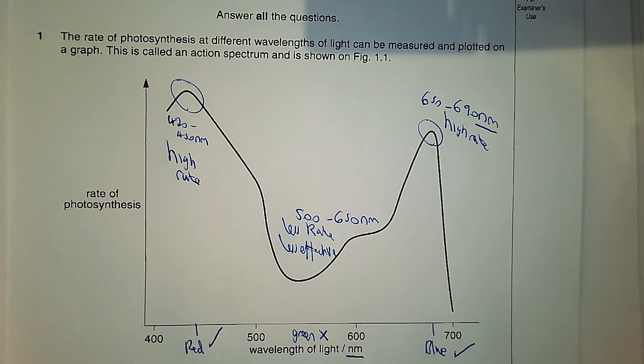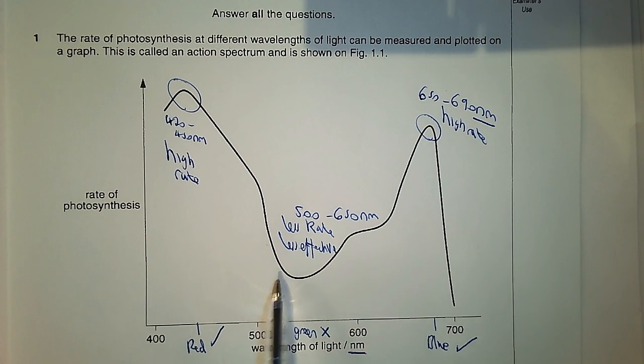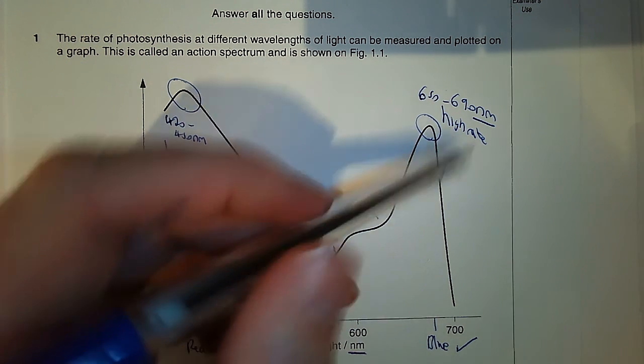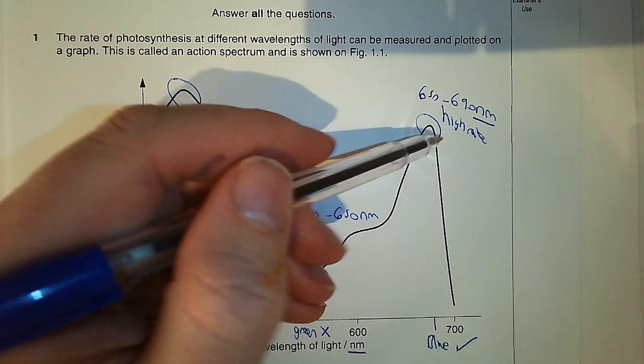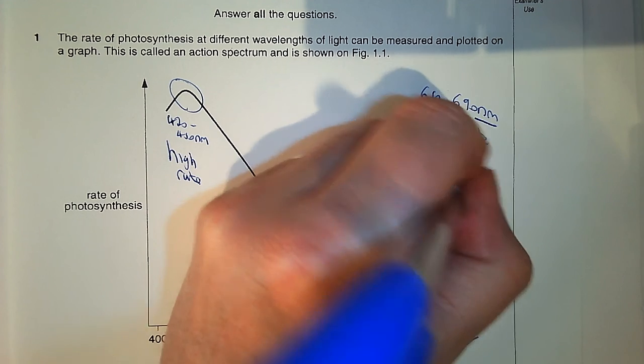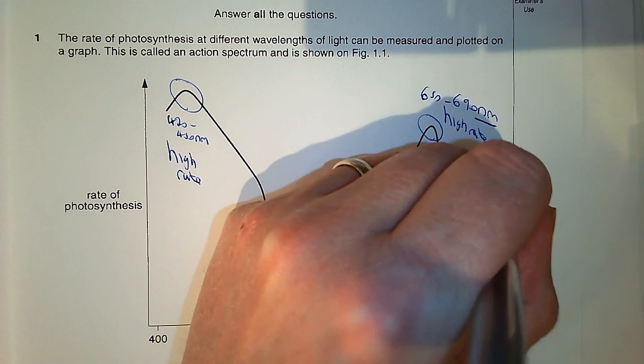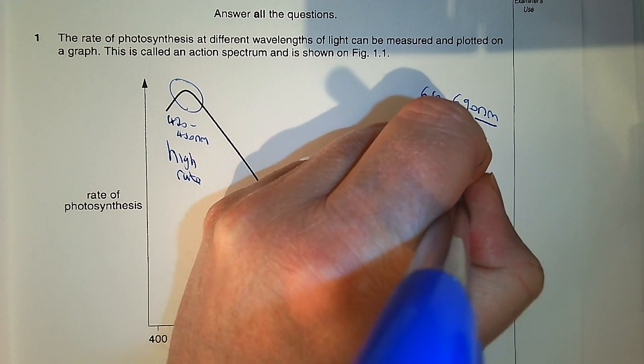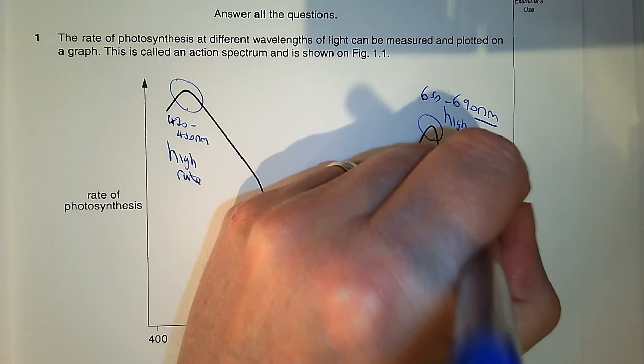Don't say that there's no rate, because the rate of photosynthesis has not dropped to zero. And that's, again, as we said, because this green light is being reflected at that wavelength. And the final thing you notice about this graph is that there's a rapid drop after 690. So greater than 690 nanometers, there's a sharp fall.